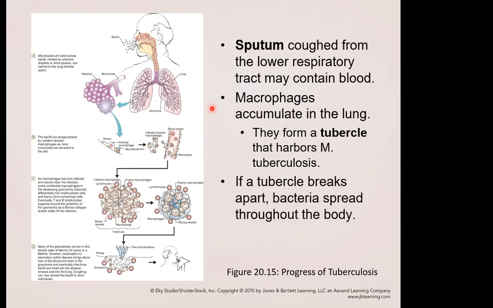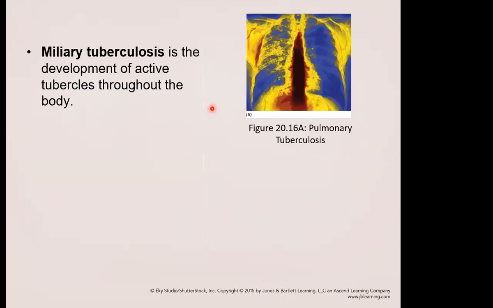So this is a local infection, but that tubercle can rupture, and then these bacteria can spread to the whole body. And we would call that a systemic disease. So it's a local infection, but it ruptures and turns into a systemic one. Correct. And the systemic form we call miliary tuberculosis.